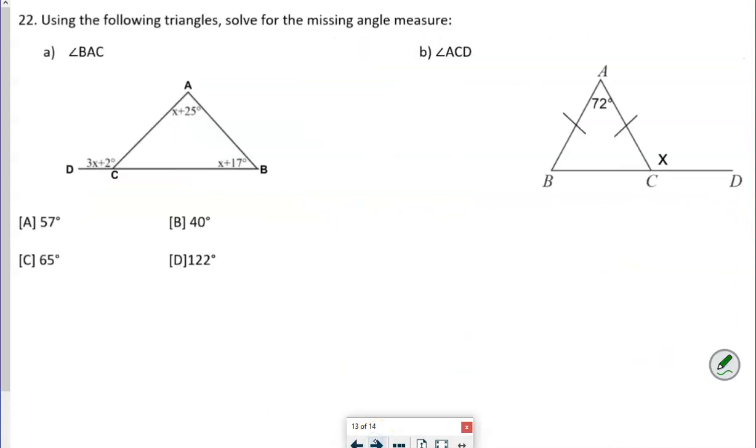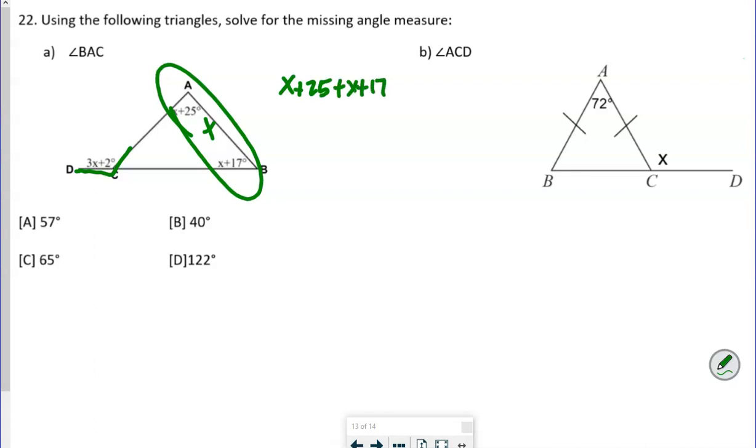All right, so 22 says, using the following triangle, solve for the missing angle measure, okay? So here again, these two angles added together equal this exterior angle. So that's what we're going to do. We're going to do x plus 25 plus x plus 17 and set that equal to our 3x plus 2, okay?